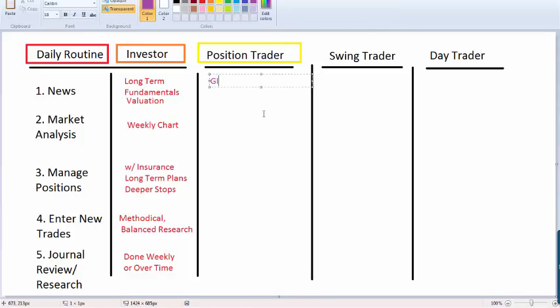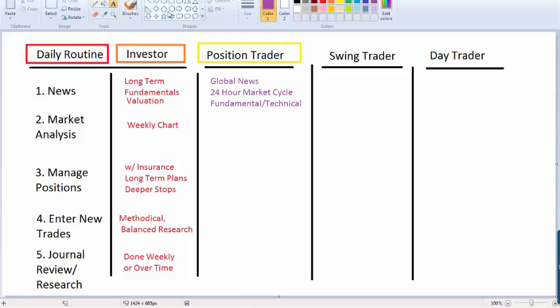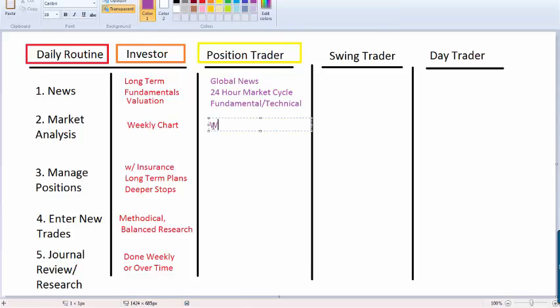You're going to need to see global news. You're going to consider the 24-hour market cycle. You're going to look at chart analysis, and you're going to look at both fundamental and technical. It's going to be a mix of the two. When it comes to market analysis, I would say that you're going to look at a mix of the weekly and daily chart.